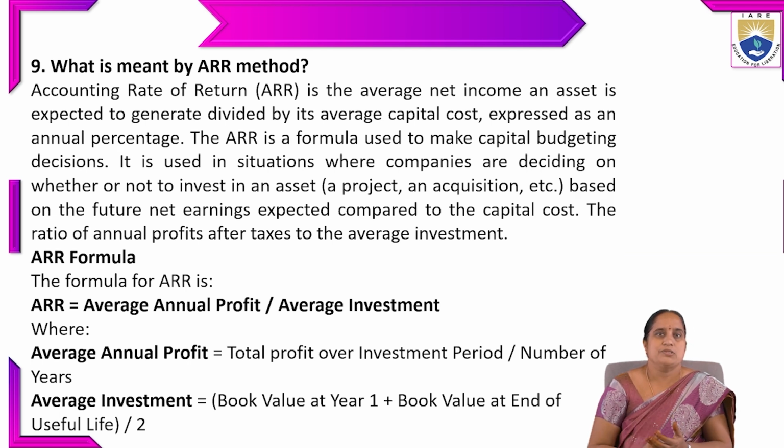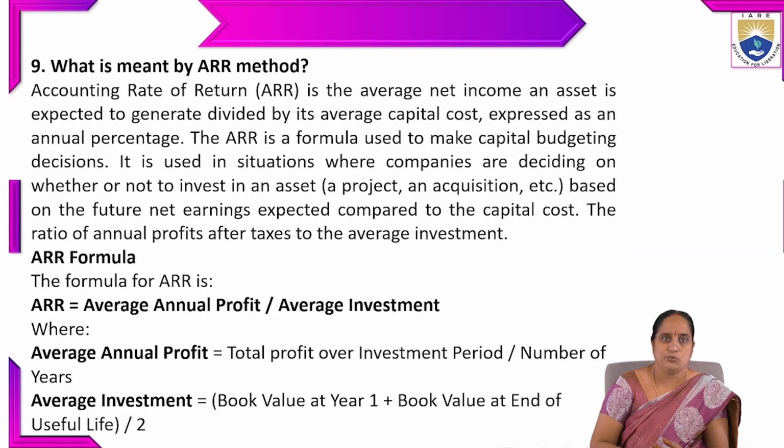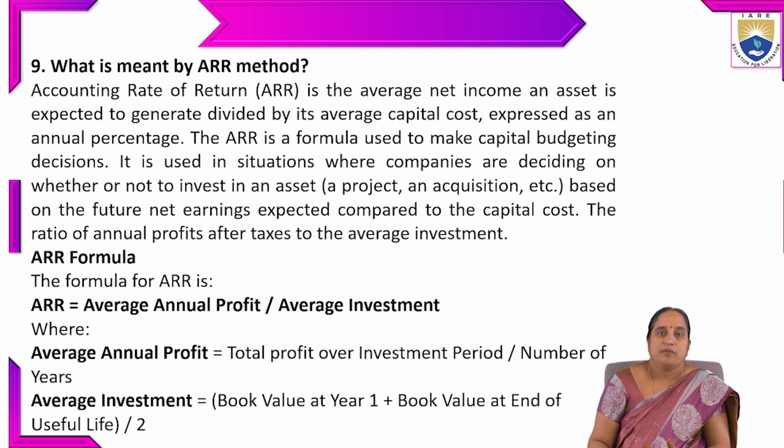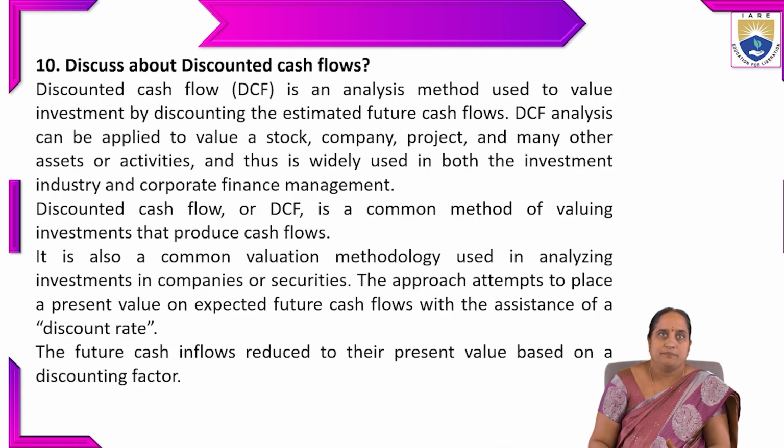Then coming to average investment, we take the book value at year 1 and the book value at the end of the useful life of the project, divided by 2. That is how we find the average investment. Just by calculating this accounting rate of return, the company can know what its rate of return will be in the long run.